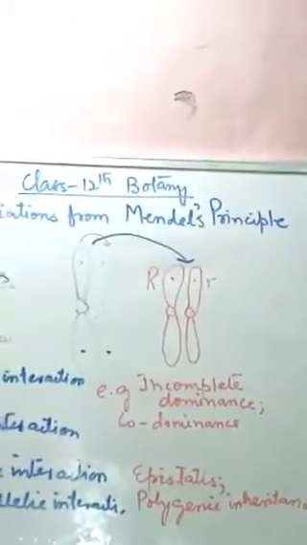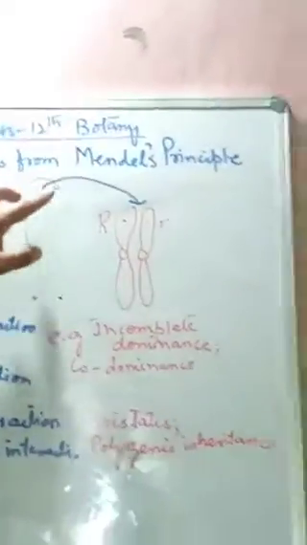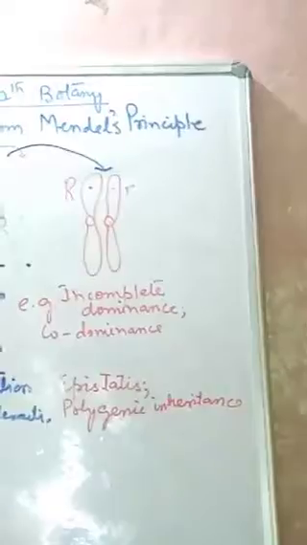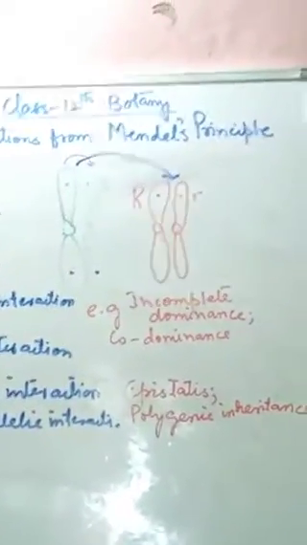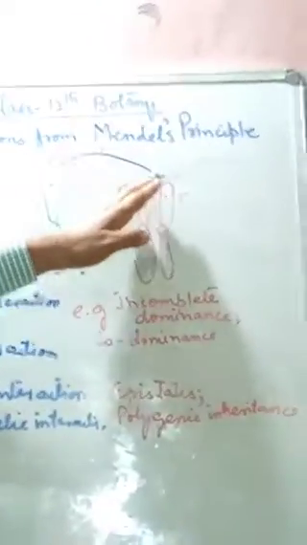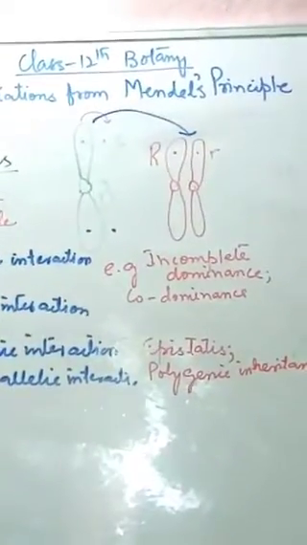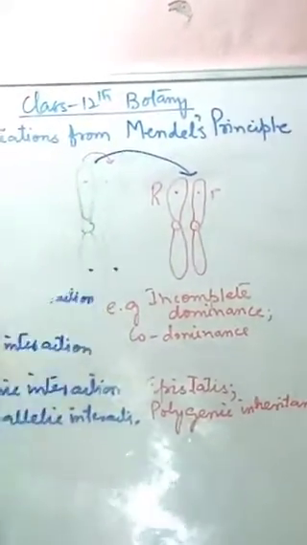In intragenic interaction we study the interaction between two alleles which are located at the same locus on the chromosomes. Intergenic interaction means the interaction between genes located on different loci on different chromosomes, or on different loci on the same chromosome. Now let us discuss one by one.